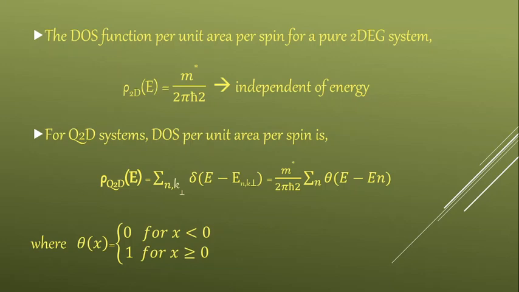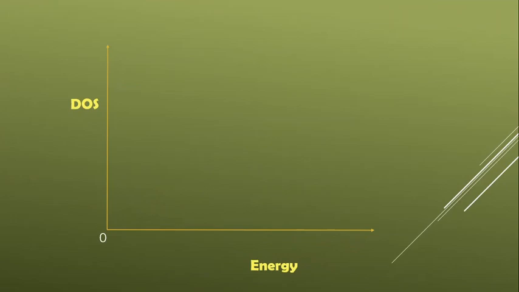In the two-dimensional system, we observe rho, which denotes the density of states, equals m star by 2 pi h cross square, whereas in the quasi two-dimensional system we have a step function, theta of E minus E subscript n, where theta of E minus En is going to be either 0 or 1 depending on the x value, that is the E minus En value. So let us plot the graph of density of states as a function of energy.